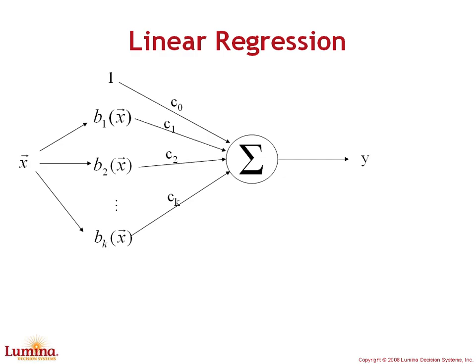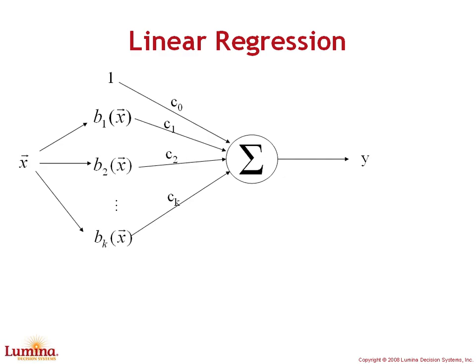Now, in linear regression, like we saw in the earlier webinar, this is a picture that sort of depicts a linear regression model. And so what we have here is we have our input variables in the x vector on the very left. And the first step we do is we select a bunch of basis functions. We select these manually that are going to represent the inputs to regression.